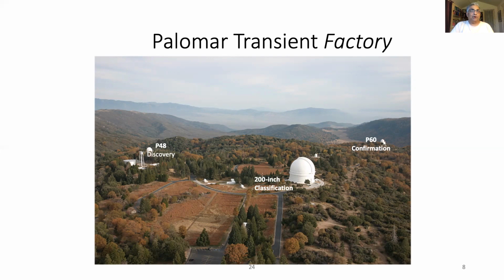Its main job is really to simply image the sky incessantly. Every 30 seconds, get a new picture, analyze the data in real time, and send candidates for confirmation at the 60-inch telescope, which has a multi-band imaging photometer.